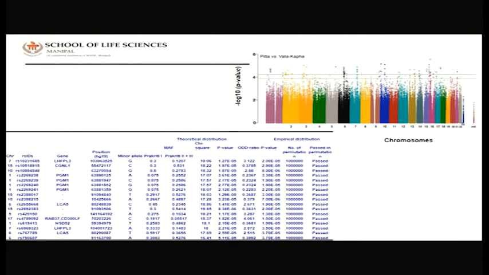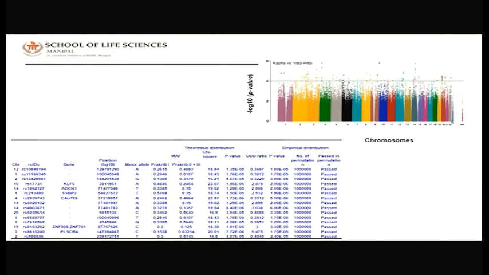Similarly, for Pitta specific individuals, the line above 4 shows those markers which are highly significantly present in the Pitta Prakriti individuals, and the list on the left hand side shows approximately 18 different markers which are highly significantly present in the Pitta Prakriti individuals as opposed to Vata and Kapha individuals.